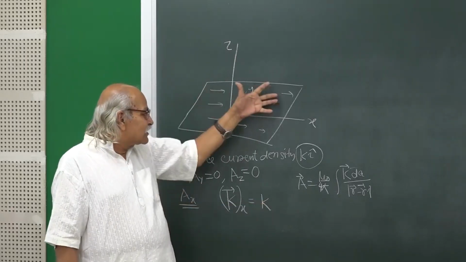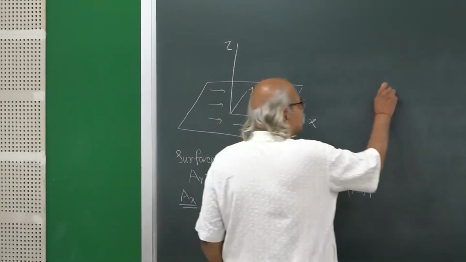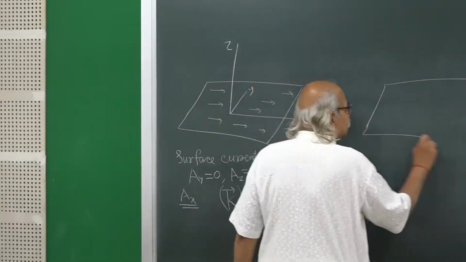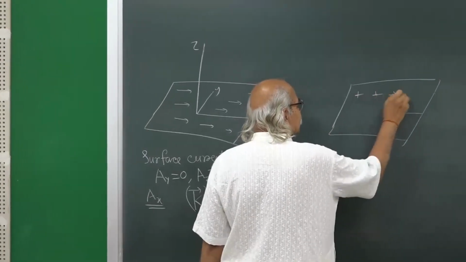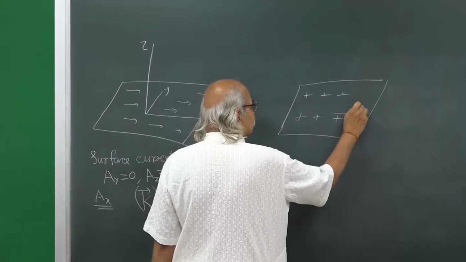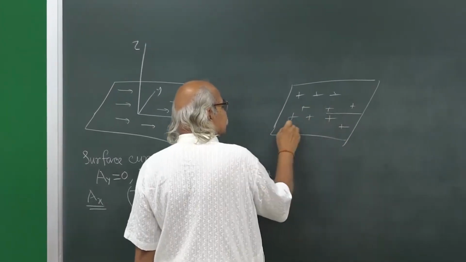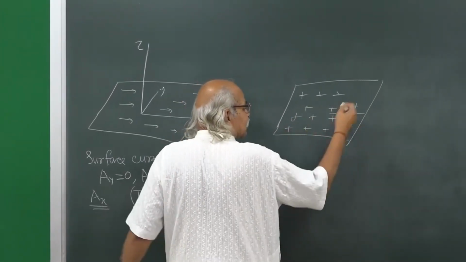wherever that current was. So, now I have the xy plane, and everywhere we have charge, and the surface charge density is k. So, we have done all this.